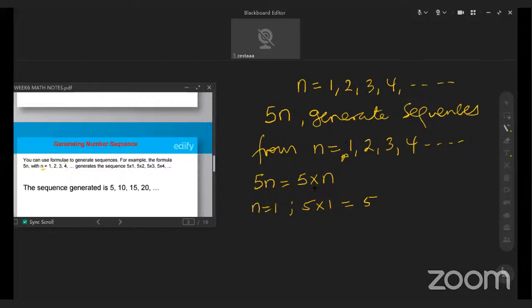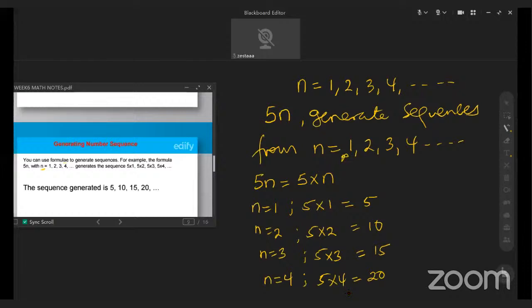When you go to 2, you substitute 2. We say 5 times 2, which is equal to 10. You substitute 3 for n equals 3: 5 times 3 is equal to 15. Then you substitute 4 for n equals 4: 5 times 4, which is equal to 20.